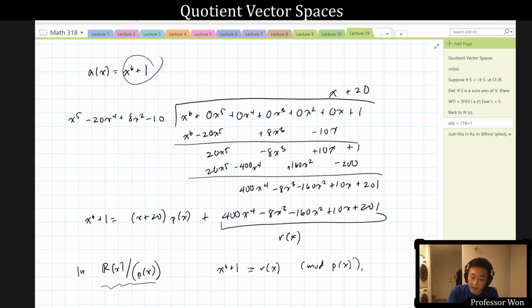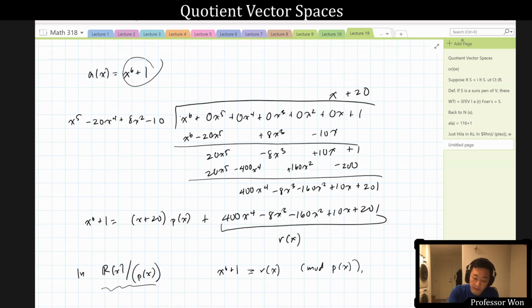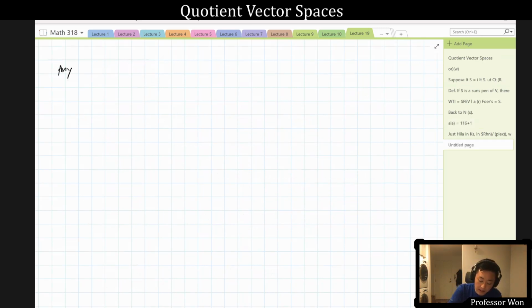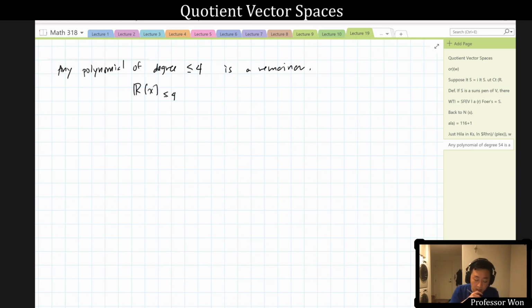So note that any polynomial of degree less than or equal to 4 is going to be a remainder. Right? In other words, everything in this vector space.